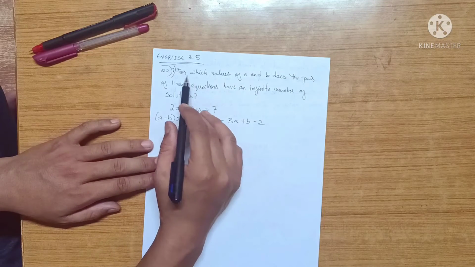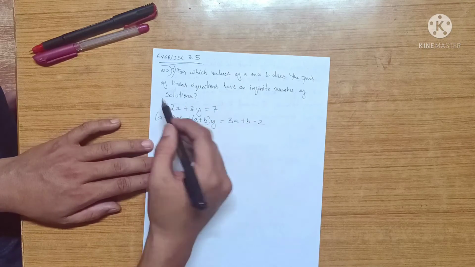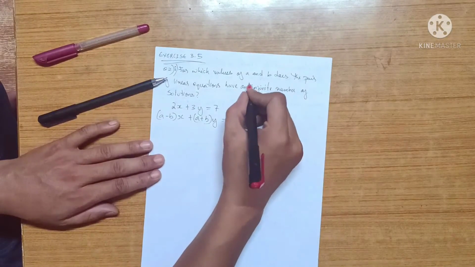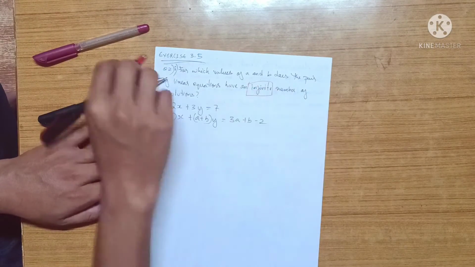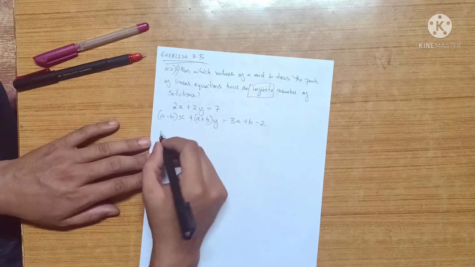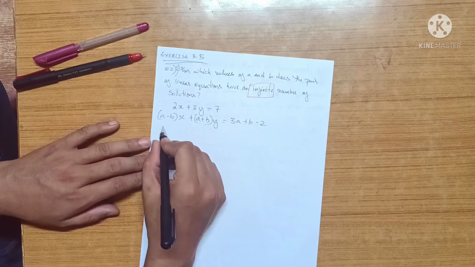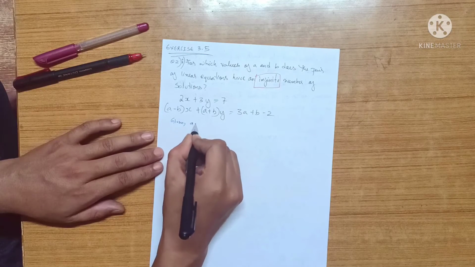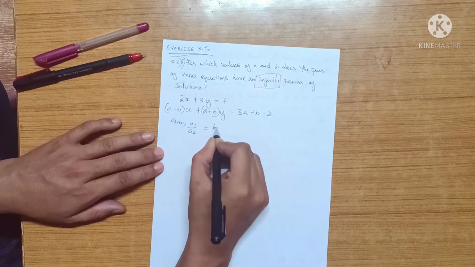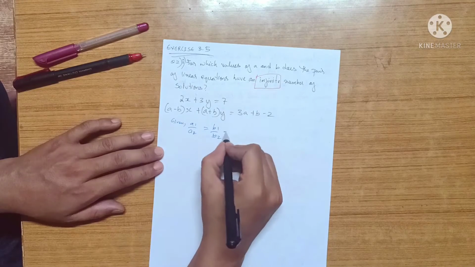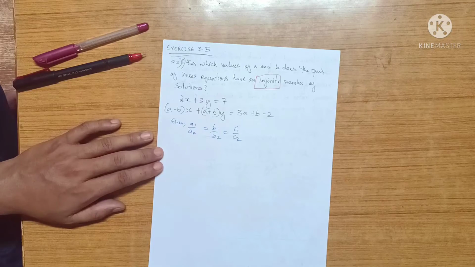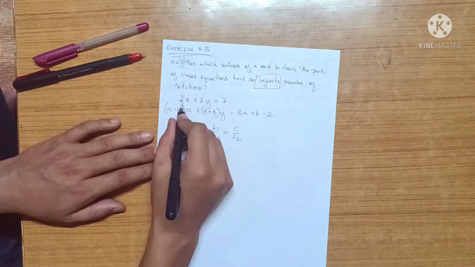Okay, so they're saying for which values of a and b does a pair of linear equations have an infinite number of solutions. So infinite number of solutions means that, given a1 by a2 is equal to b1 by b2. Since infinite, everything will be equal, right? So I'm going to write a1.